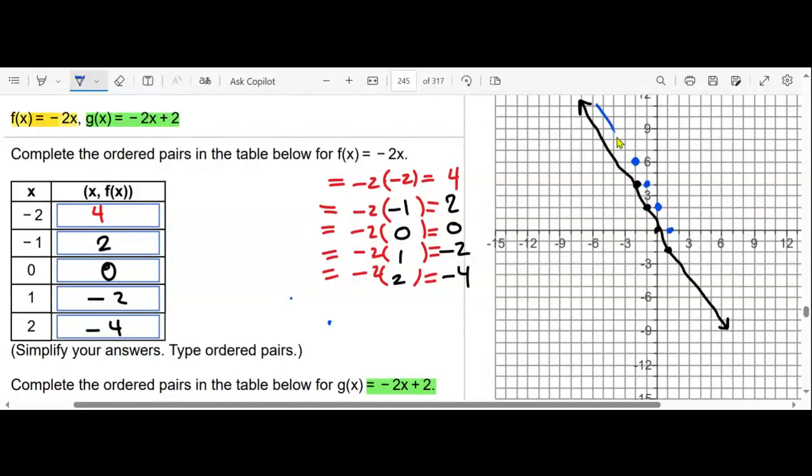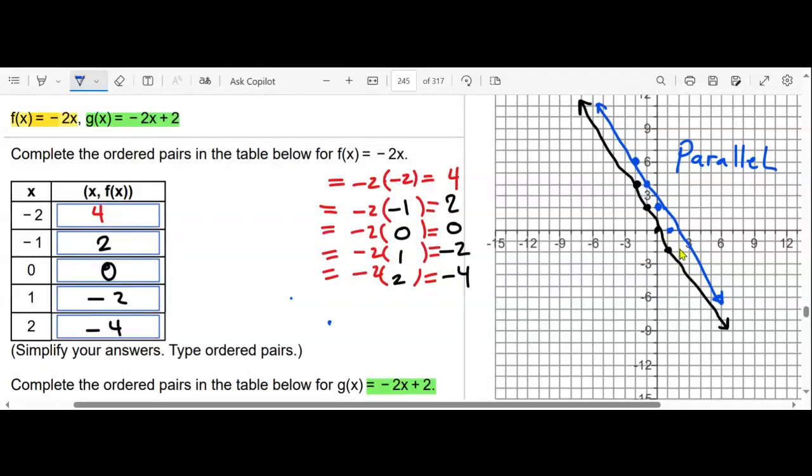Okay, so can you tell me what type of graph this is? Parallel. Parallel, correct. Yes. Parallel means they are parallel to each other. So what happened?